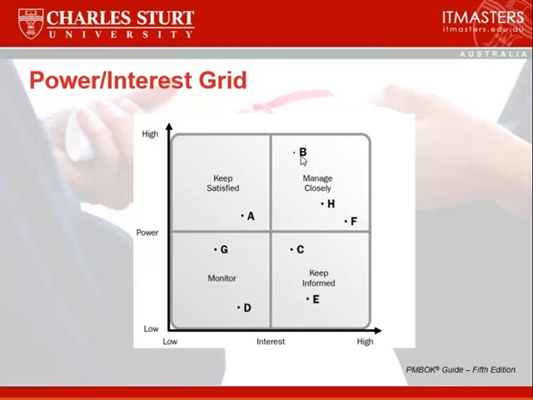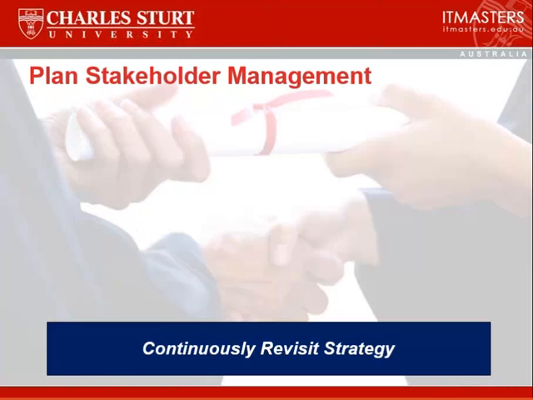So let's say stakeholder B here needs to be managed closely because they've got a lot of power and they have a lot of interest in your project. Whereas down here, stakeholder G hasn't got very much power and they don't really have very much interest in your particular project. So this is a quick way to be able to determine how you're going to treat and manage those particular stakeholders.